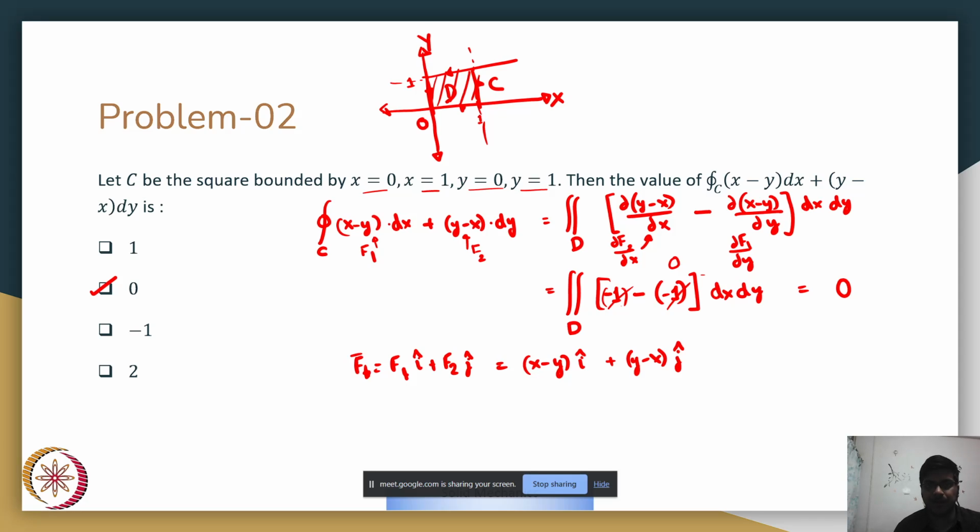And if F is a conservative vector field, then the path integral over a closed path should be 0. This is what we had studied in previous week's lectures.